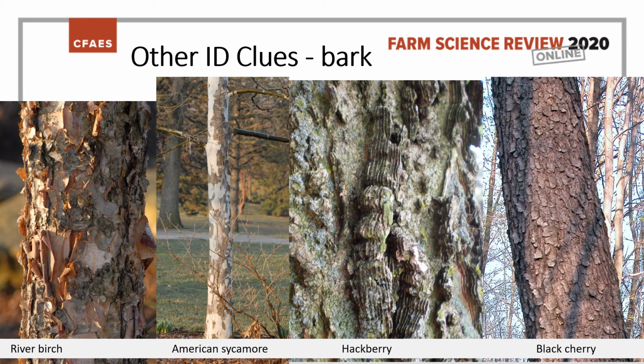When I went through dendrology, we used the terminology of burnt cornflakes or burnt potato chip like bark, because it is very dark. All distinctive and good clues to use when you're trying to ID things.